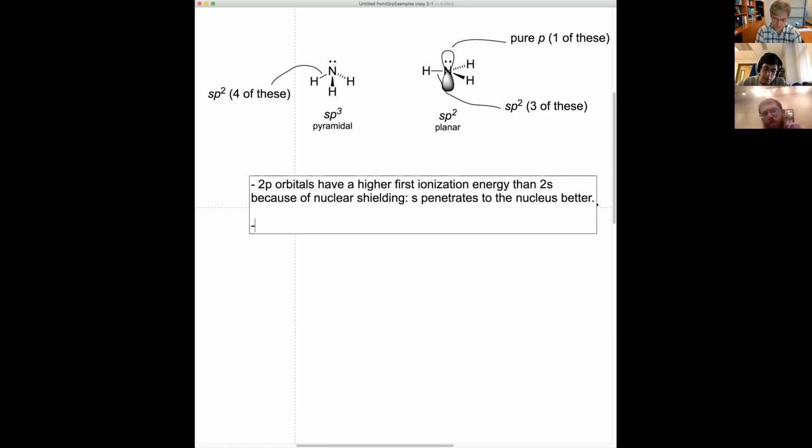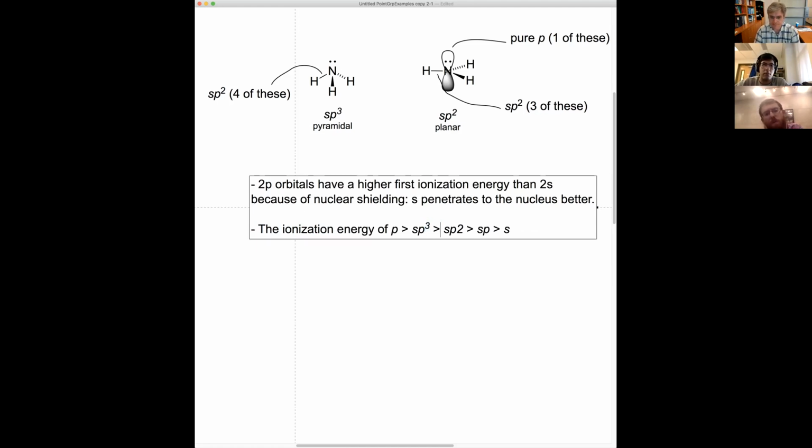Right? So ionization energy goes pure p is greater than sp3 is greater than sp2 is greater than sp is greater than s. Okay.